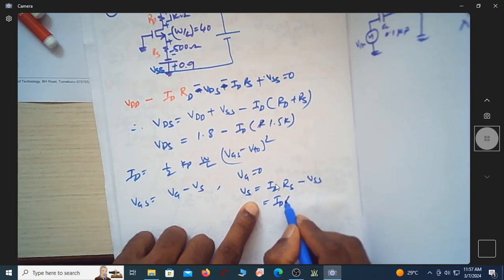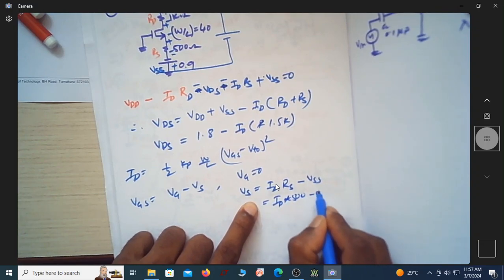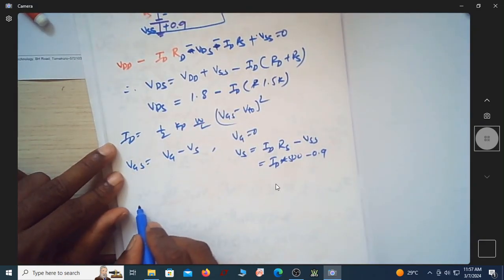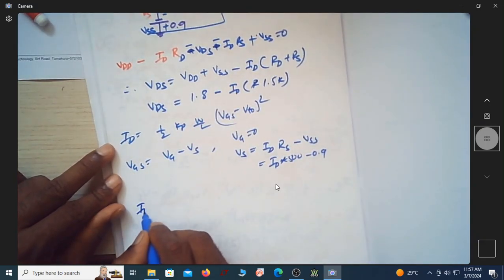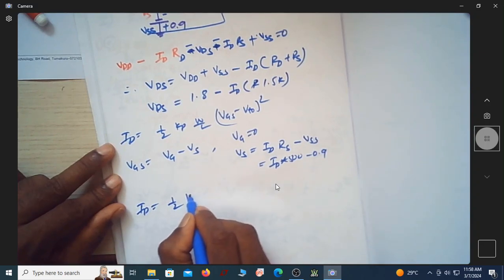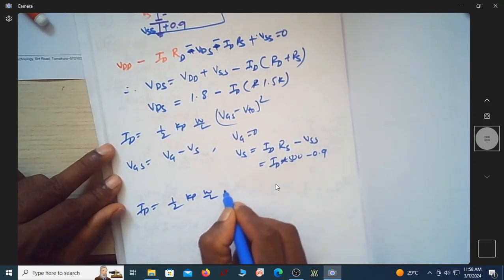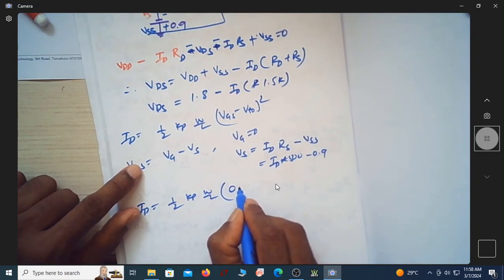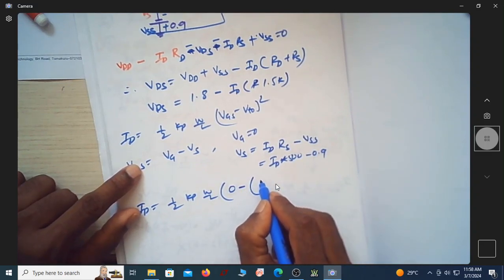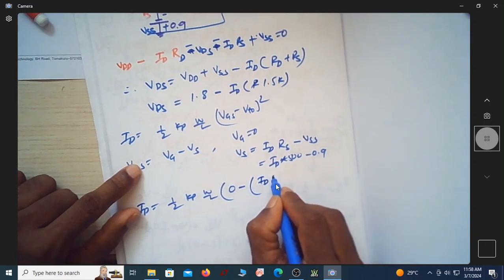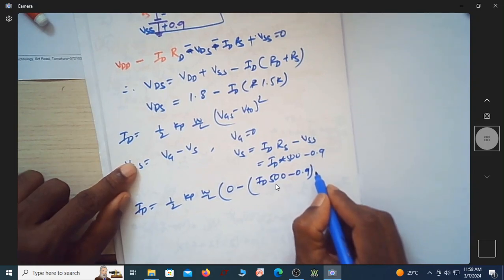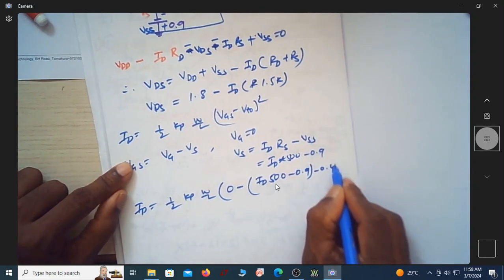ID into RS is 500 ohm, minus 0.9. So I can substitute that back here. ID equals half Kp W by L, 0 minus (ID into 500 minus 0.9) minus 0.4, whole square.